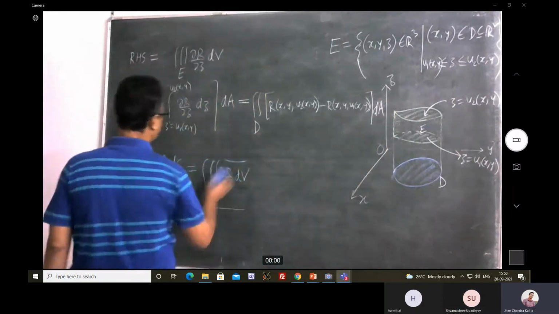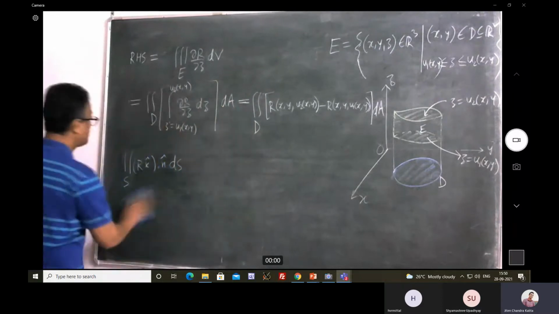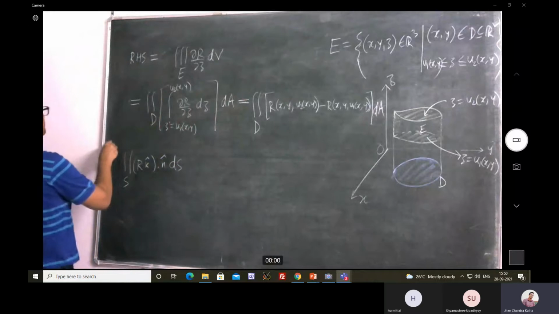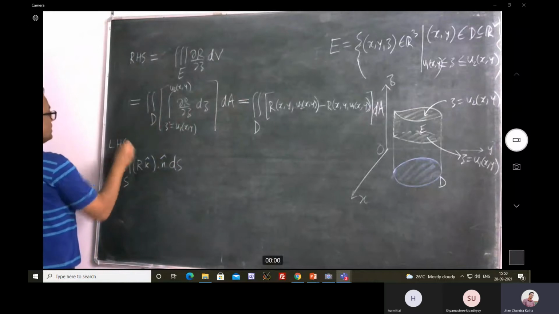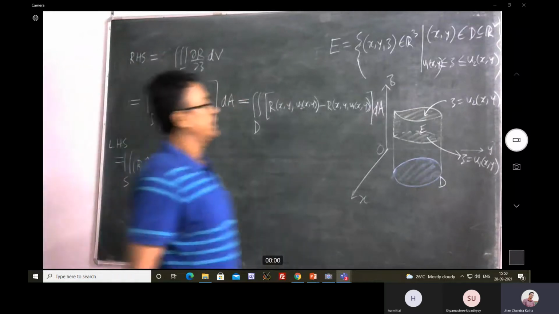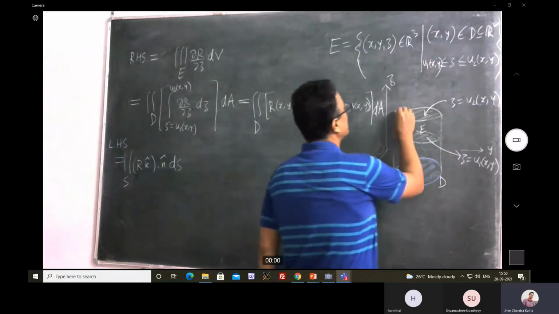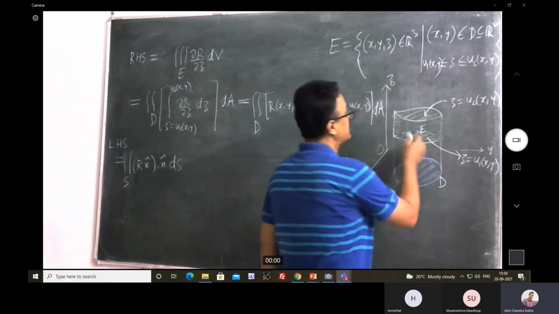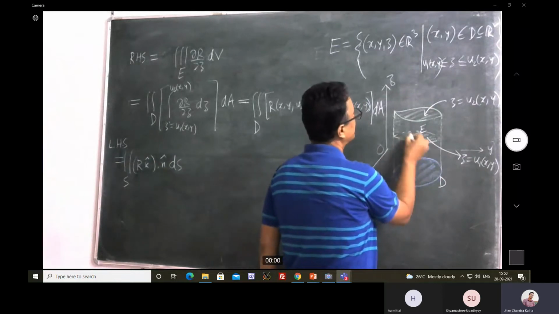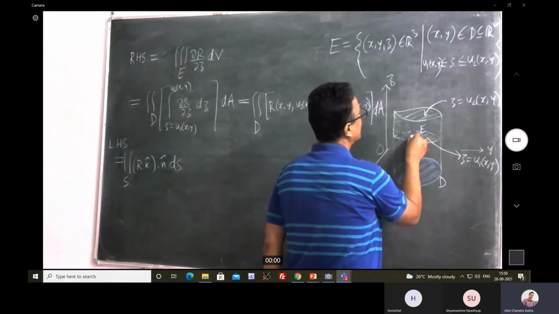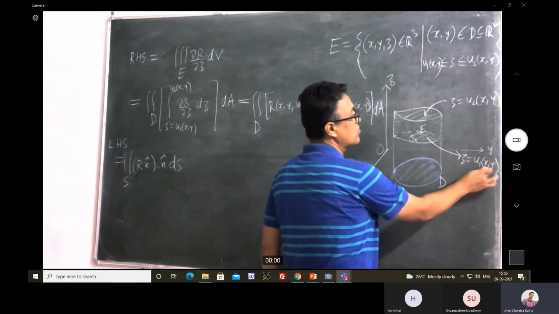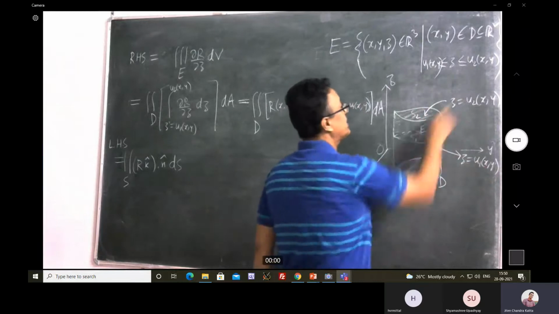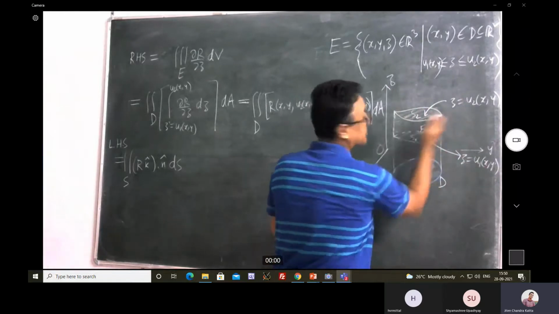So now let me concentrate on the left hand side. Left hand side is this. Now if you look at this region E, it is bounded by this surface S1, which is given by z equal to u1(x,y), surface S2, which is given by z equal to u2(x,y), and this surface.